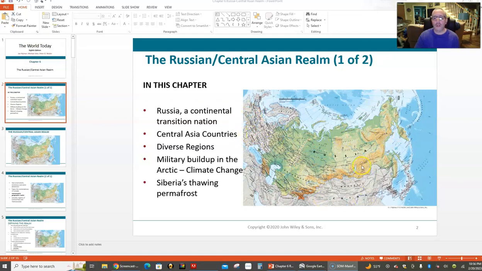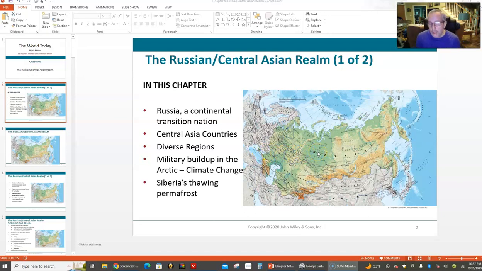This is all Asia. It goes from the European countries all the way to the Pacific Ocean out here near Japan. China's down here. So this is a vast country. If you were to travel from border to border, east to west, you're basically traveling halfway around the world. I mean, it's just vast in its size.